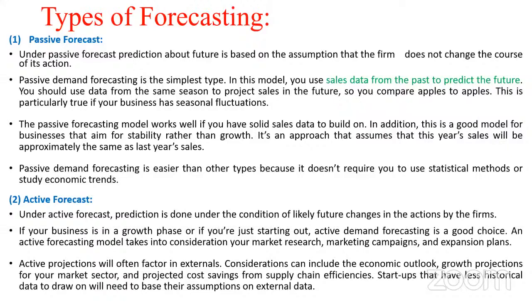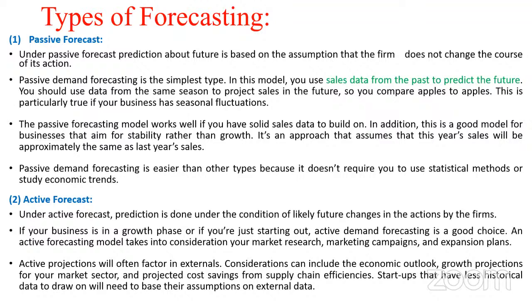Passive, in the sense, is not so aggressive, rather a defensive mode of providing things, right? That is the passive one. Active means the aggressive mode, right? Those are the two things. Let's start with the first, the passive forecast.